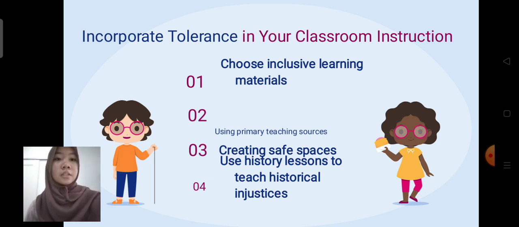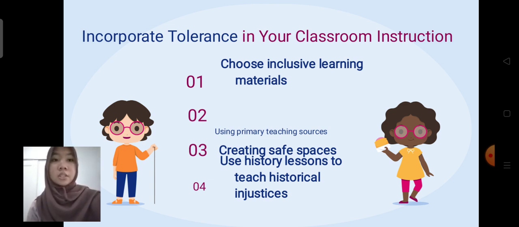And the third one is creating safe spaces. Understanding what a safe space looks like for each student is essential. You can encourage your class to work together to create a plan that supports each student to realize their safe space. Creating safe spaces is a significant way of realizing social awareness and empathy, which contribute to tolerance.